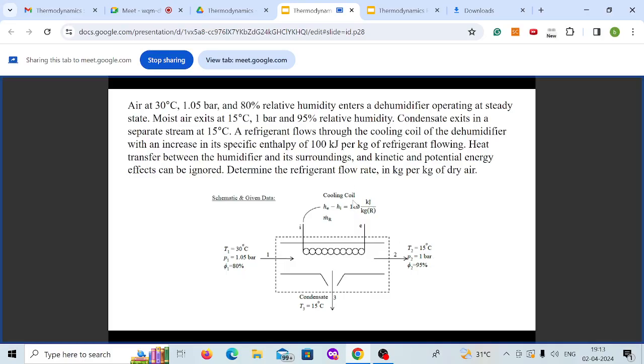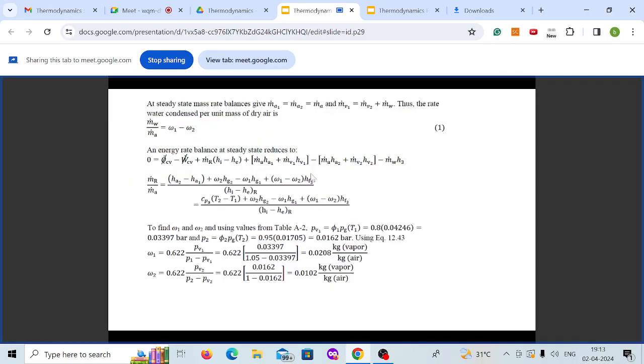They are giving the specific enthalpy change happening in the refrigerant, and you need to find the ratio of the mass of refrigerant flowing divided by the mass of dry air. So we'll see how to solve this.